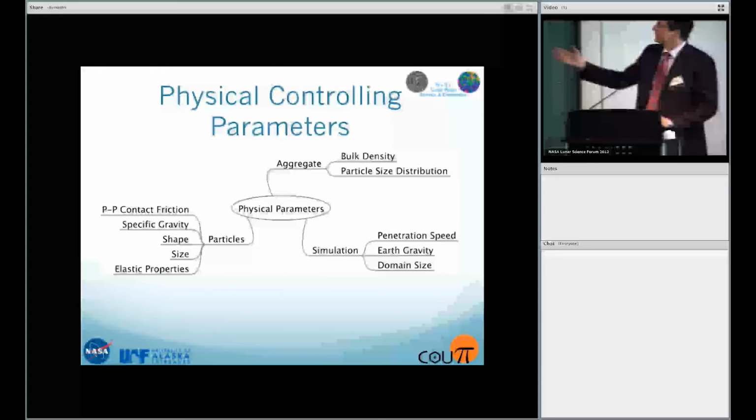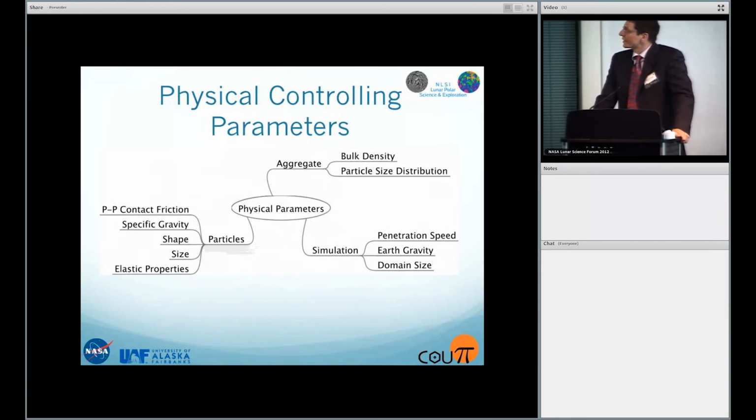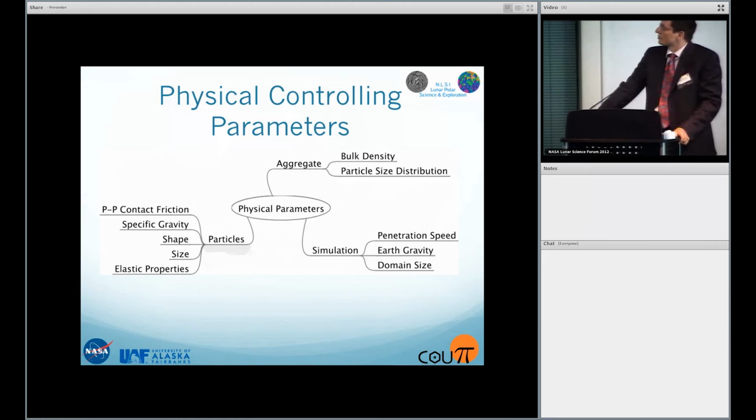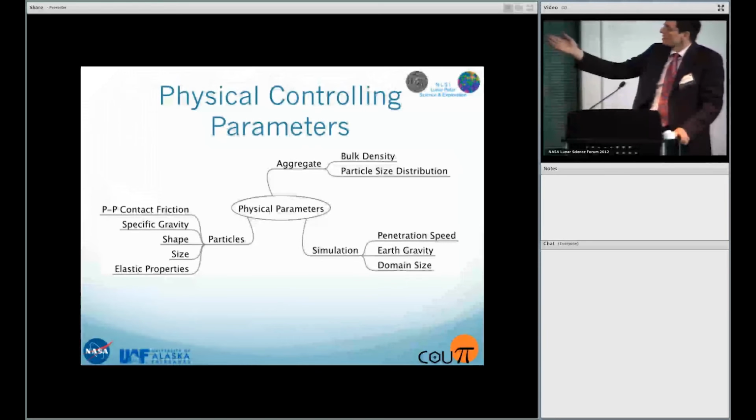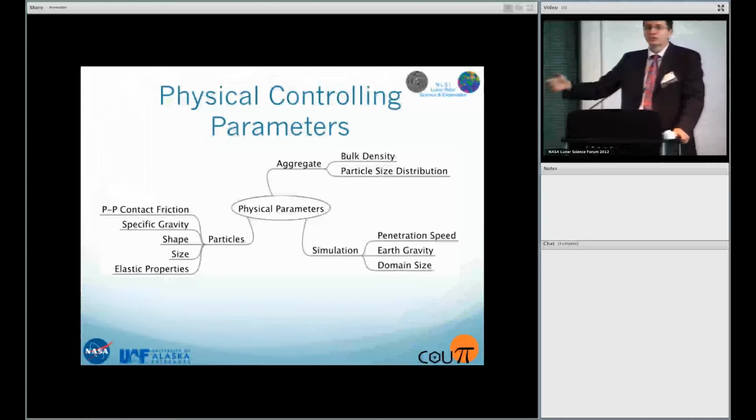There are physical parameters that affect the simulation, and you can see the mind map I plotted here. For the particles: particle contact friction, specific gravity, shape, size, elastic properties, surface energy parameters.